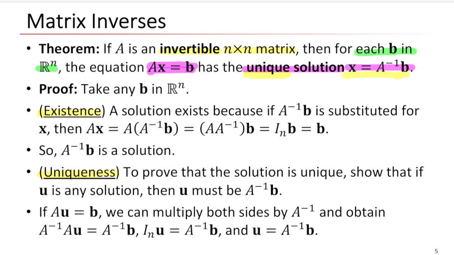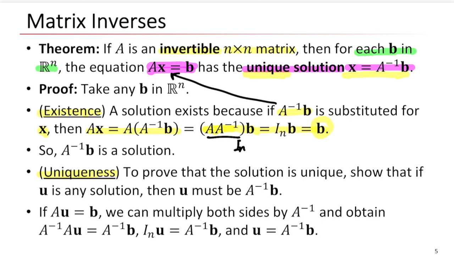First, to prove existence, substitute A inverse B for x. Then we get A times A inverse B. By definition, A times A inverse is the identity matrix, so this will be B itself.